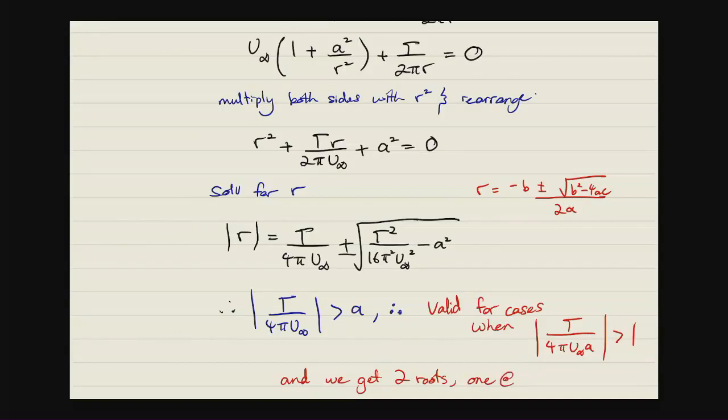One at r greater than a and one at r less than a. Because you have a plus minus here, and this is a real number, you're going to get two roots. One of the roots will be away from the surface of the cylinder, and one of the stagnation points will be inside of the cylinder.